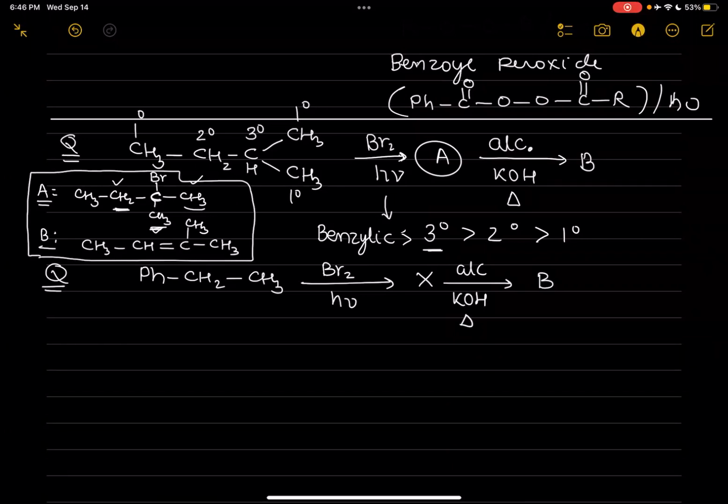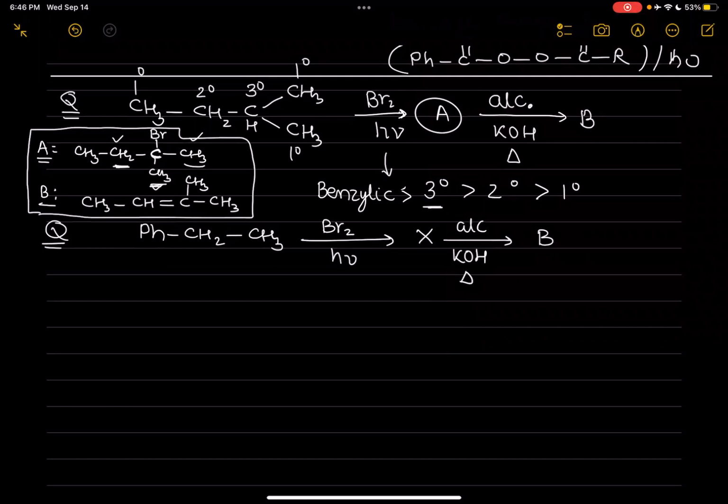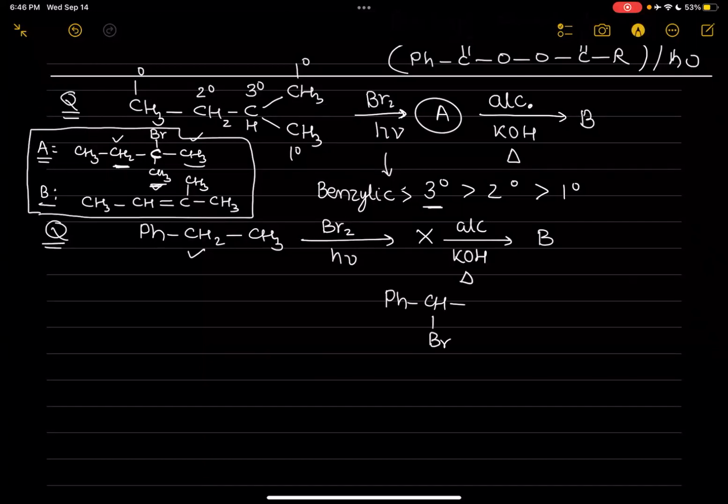So similarly here also, this is benzylic hydrogen, very reactive because it is adjacent to benzene, so it can get removed. So you will have Ph, CH, Br, CH3. And when you do the alcoholic KOH and heat, elimination will happen.